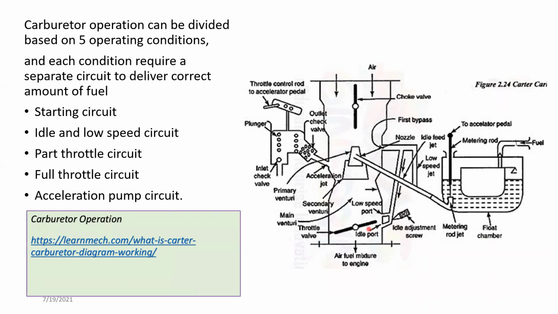What happens here is that this idle port is where fuel is delivered when the engine is starting, and after the engine has started, the fuel is delivered through the idle port. You can see this is closed.